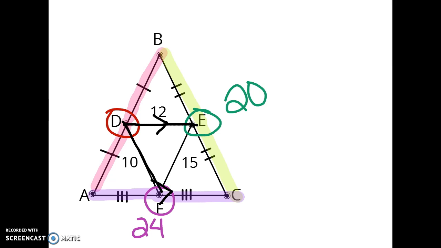And finally, EF connects midpoints, which makes it a midsegment, and EF is 15, so that makes this side 30. So if I was looking to find the perimeter of this triangle, I would say 30 plus 20 plus 24, which is 74.